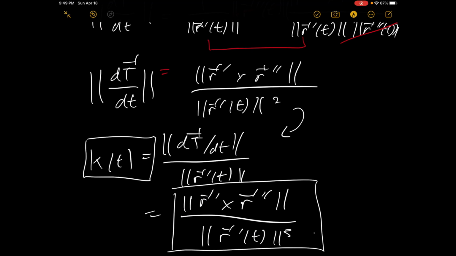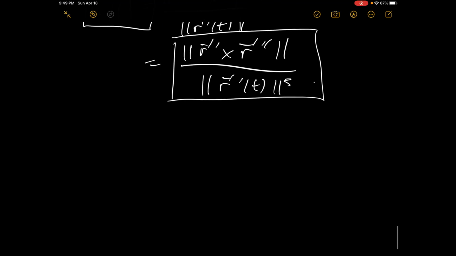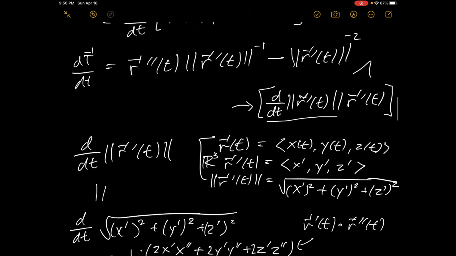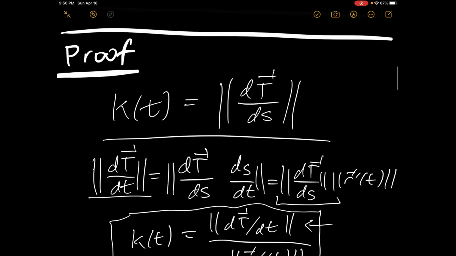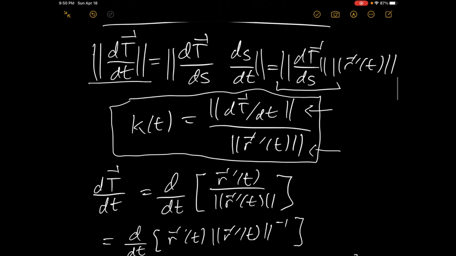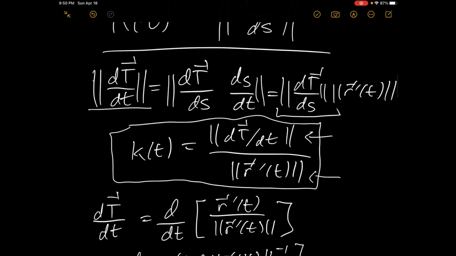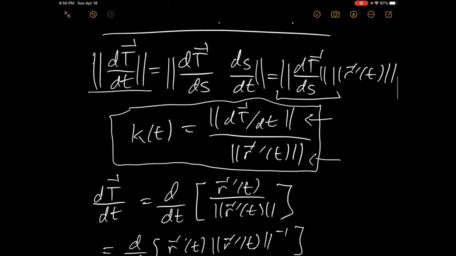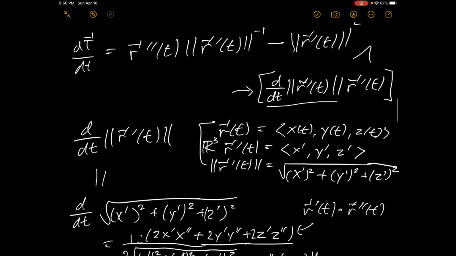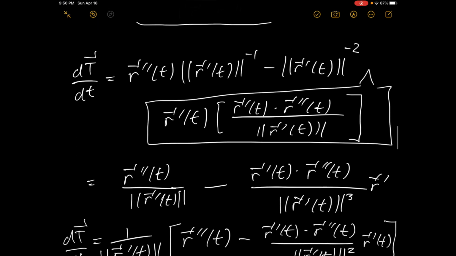Okay, so to quickly summarize what I've just been talking about, first of all, what we did is that we used the definition of the curvature, which is here, and then we took the time derivative of the unit tangent vector, and we rearranged it so we get this. And then we tried to simplify it as best as we can.